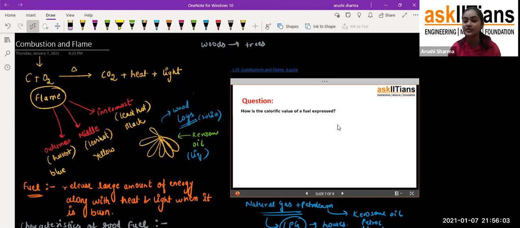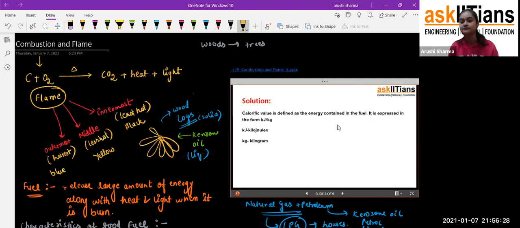Don't forget to mention that after the complete combustion of 1 kilogram of fuel, that is called the calorific value. If you write complete combustion of 2 kilogram of fuel, it is going to be incorrect. Calorific value is always mentioned for the unit mass of that particular fuel, for example 1 kilogram, where unit means 1.